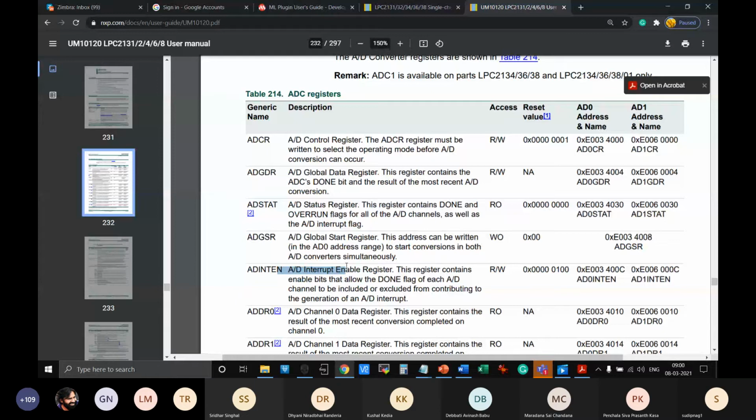The start register means you can individually start converting from each of the ADC channels, and the start control is done through this GSR bit.